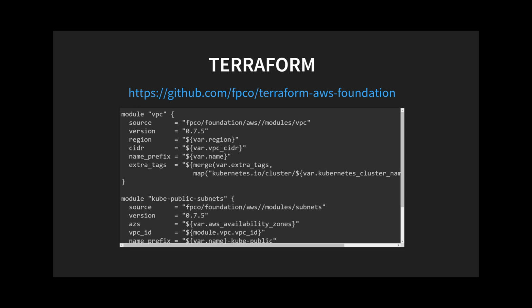And what we're going to do is we're going to go ahead and create a VPC in AWS. We're going to specify a VPC CIDR range for that VPC. We're going to give it a name. We're going to give it some metadata, some tags, and apart from that, we're going to create a set of public subnets that the Kubernetes cluster is going to use.